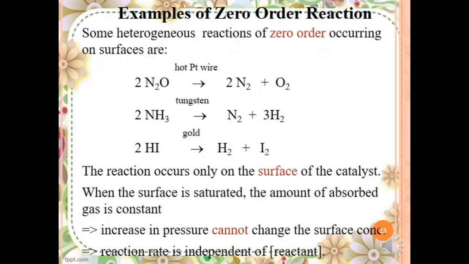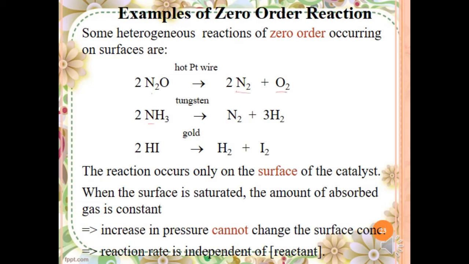So these are examples of reactions which obey zero order kinetics. We have heterogeneous reactions, meaning the reaction occurs on a solid surface. For example, dinitrogen oxide on the surface of hot platinum wire, producing nitrogen and oxygen.